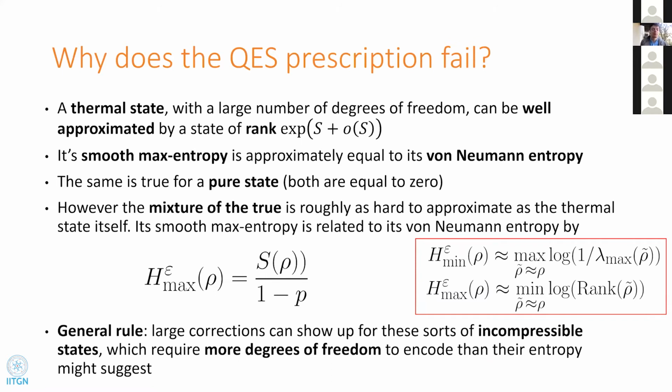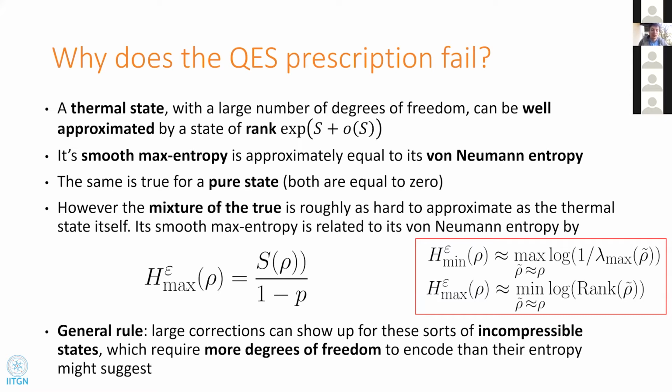Anyway, the general rule will be that these large corrections are going to show up whenever you have these incompressible states where the smooth max entropy is much larger than the von Neumann entropy. Similarly, when the smooth min entropy is much smaller than the von Neumann entropy, the conditions are actually equivalent.